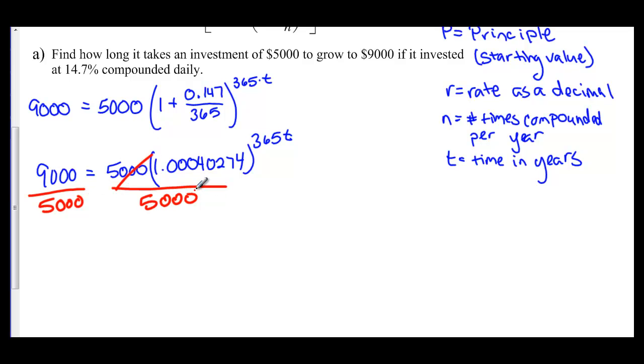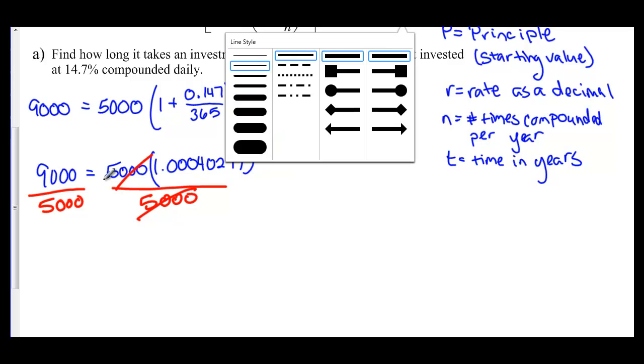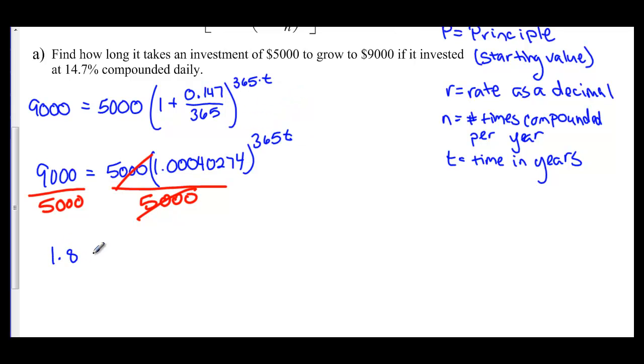So the 5,000s go away, and we're going to simplify and reduce this 9,000 over 5,000 to be, it's the same as 9/5, which is 1.8, equals 1.000400274 to the power of 365t.